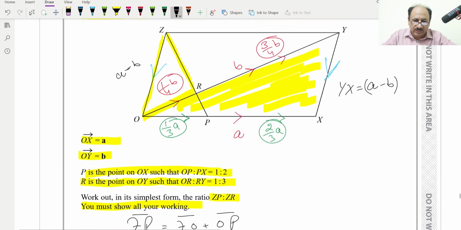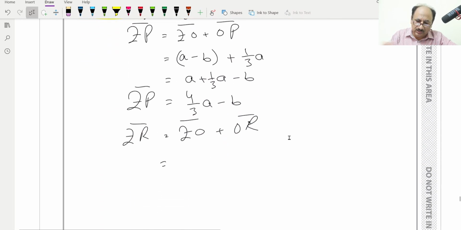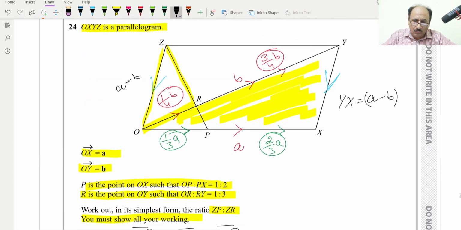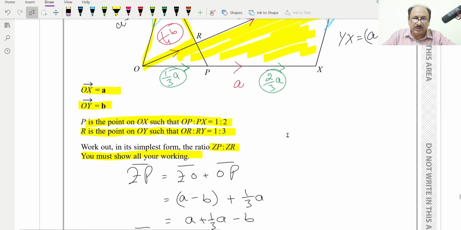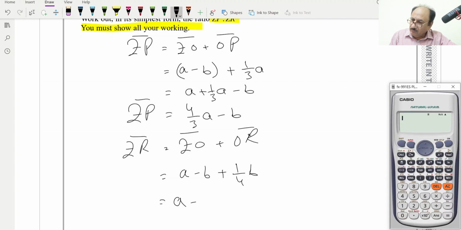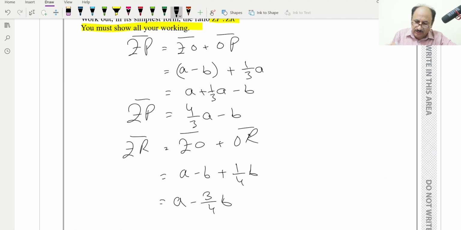ZO is A minus B, so again A minus B, and plus OR is 1/4 B, so we can write here 1/4 B. So this will be A minus, 1 plus 1 over 4 is equal to minus 3/4, so minus 3/4 B. So this will be ZR.